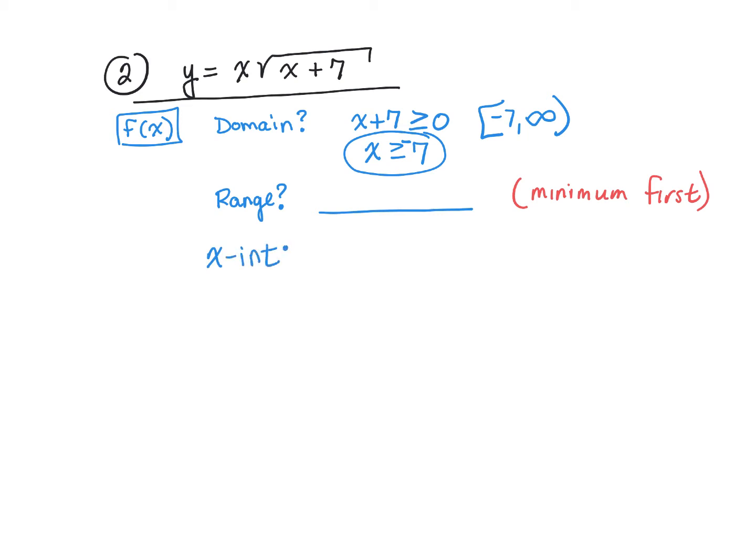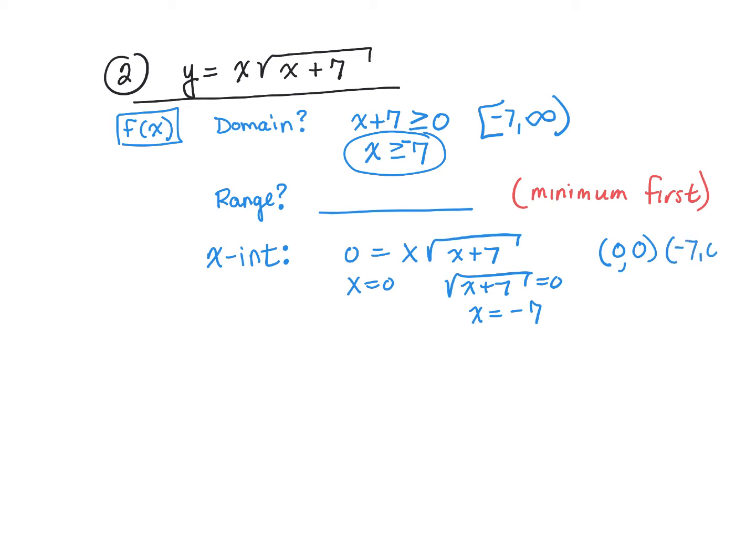X intercepts come from setting y equal to 0. So we'll get x is 0, or the square root of x plus 7 equals 0. And we'll get 0 and -7. So we actually get (0, 0) and (-7, 0).